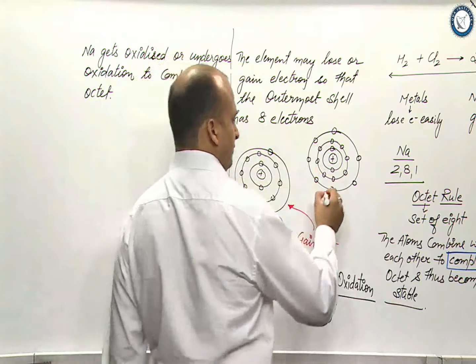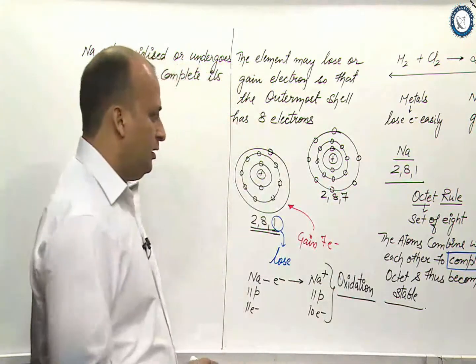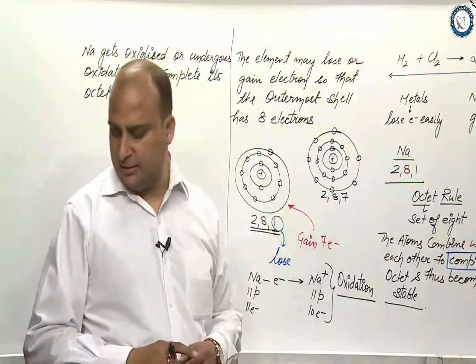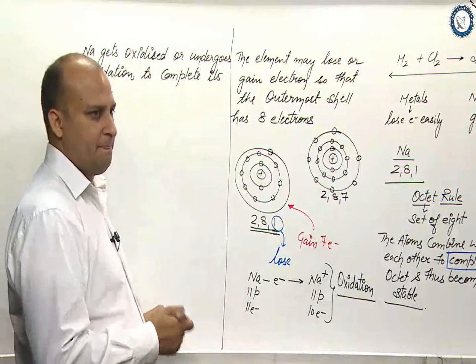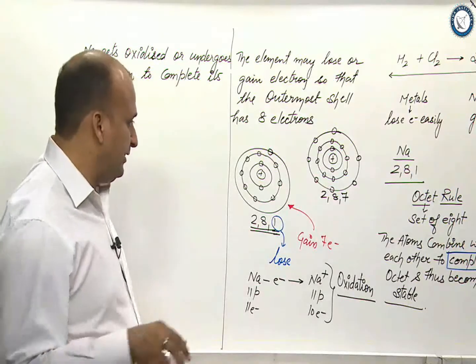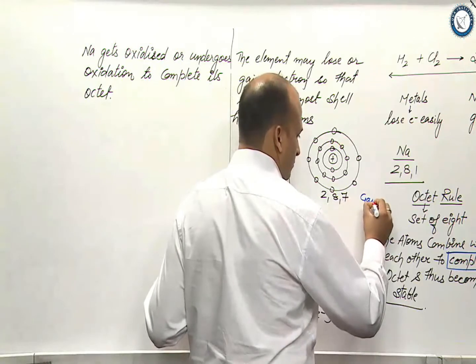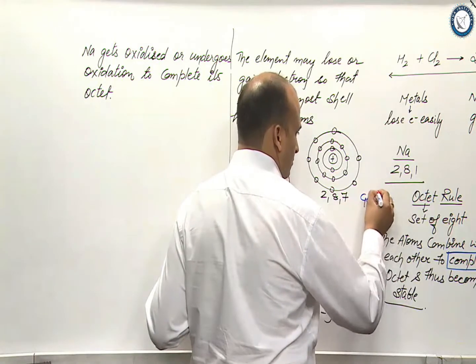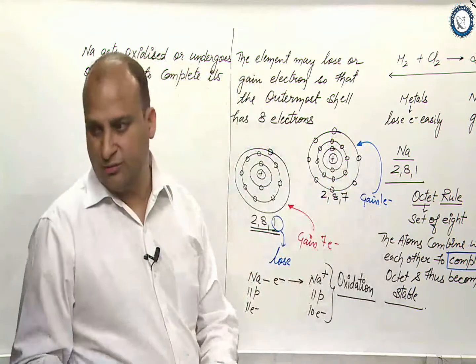Okay. Now let us talk about chlorine. This is 2, 8, 7. Now tell me over here, what is easy? Gain 1 electron or lose 7? Should it gain 1, or lose 7 electrons?